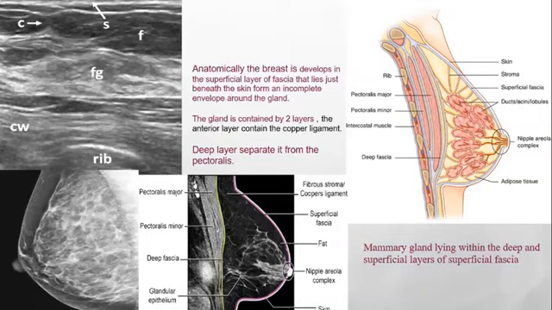So, as we mentioned before, the breast is developed within, or invested within, the two layers of the superficial fascia. See, the mammary gland is seen between the superficial layer and the deep layer of the superficial fascia.